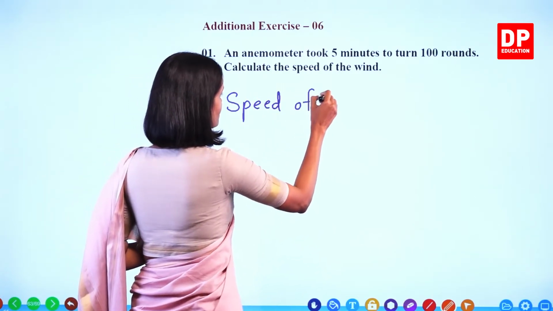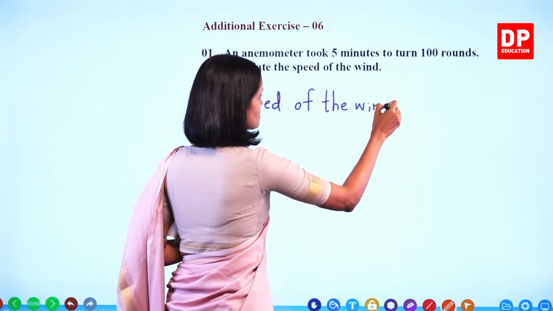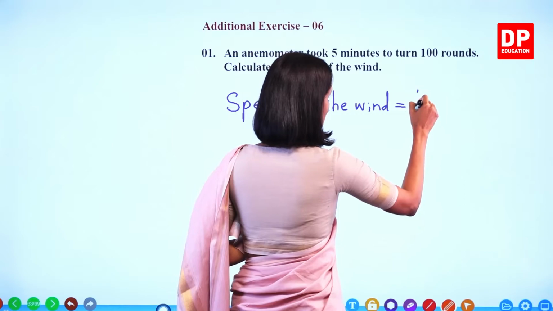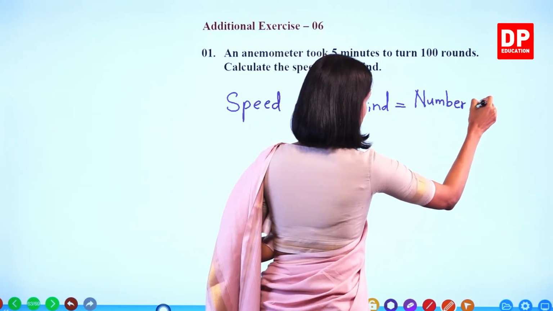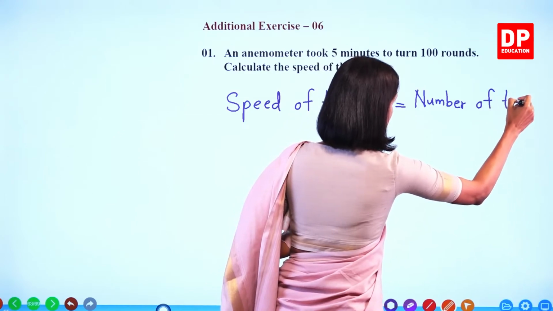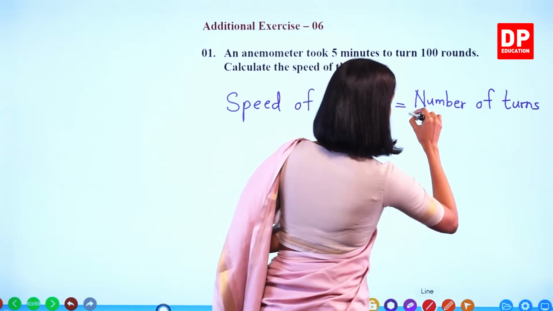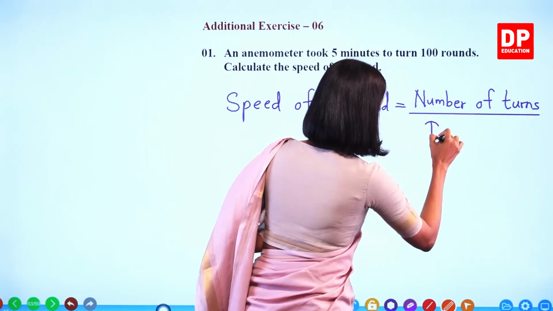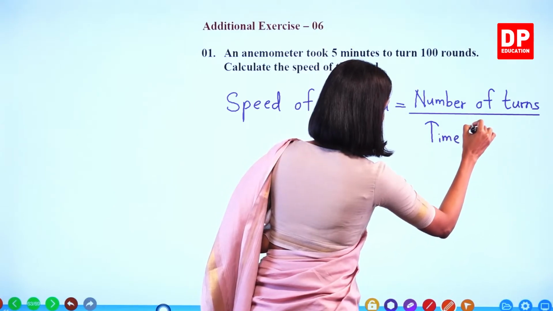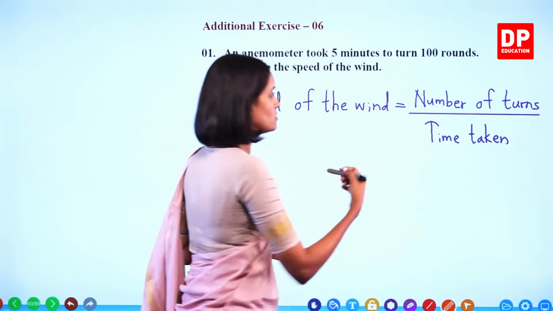Speed of the wind equals number of turns divided by the time taken. Right?